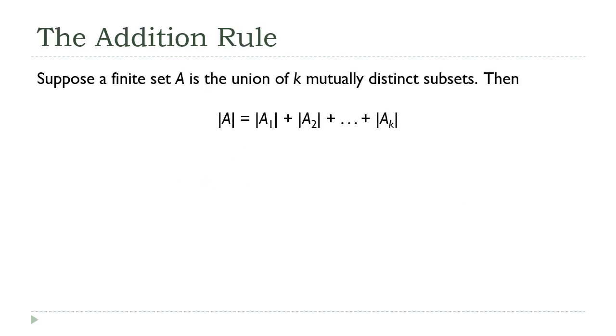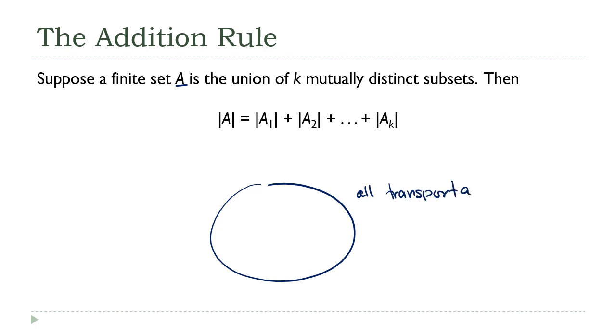So the way the addition rule is usually stated is in terms of sets, right? Suppose we have a finite set, that would be all transportation options, referring back to the previous example. And it's made up of a finite number of mutually distinct subsets.